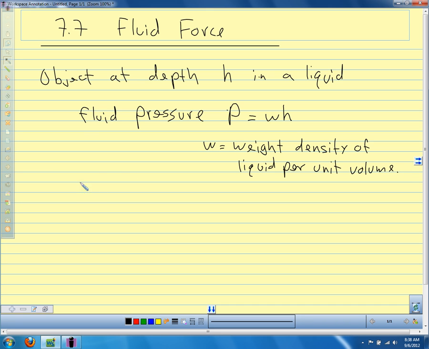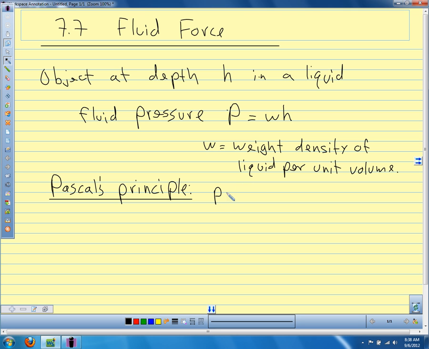And we're also going to use what's called Pascal's principle. Pascal's principle says that the pressure is transmitted equally in all directions in this situation where we're under a liquid.